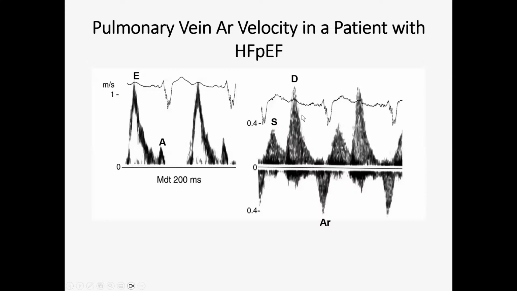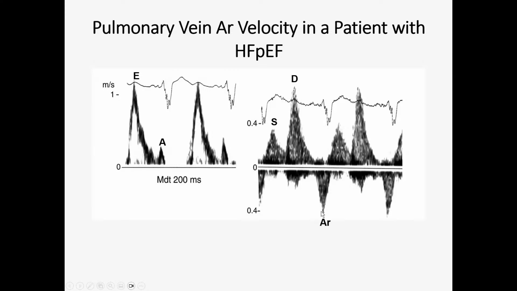That's an example of pulmonary vein flow from a patient with heart failure with preserved EF, because this patient has a large elevated LV end diastolic pressure. When the atrium contracts, it finds it hard to send blood to the ventricle. And so the mitral A duration is of small amplitude, short duration, and decelerates fast.